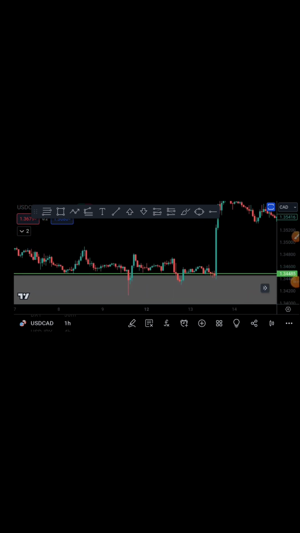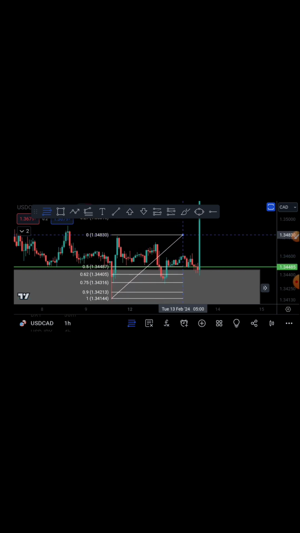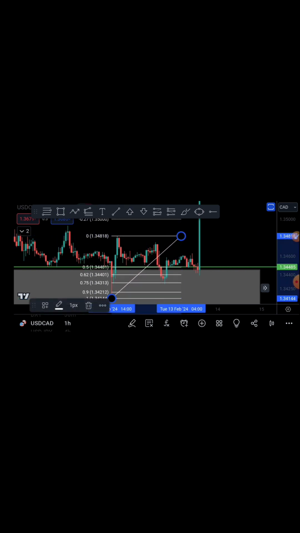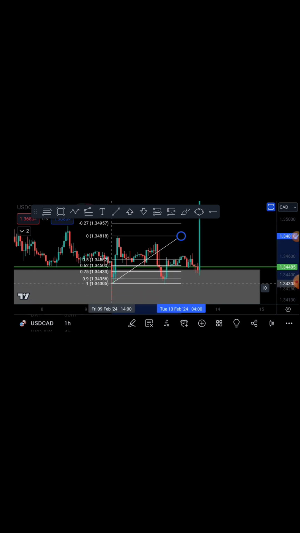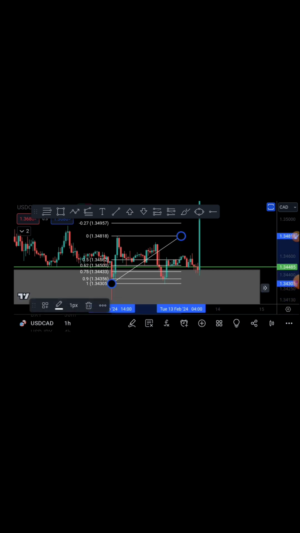Let's measure this. You need to measure this. It came right down to, should we measure it from here? Came right down. Naturally, I don't measure wicks, so let's leave it at this last point here.